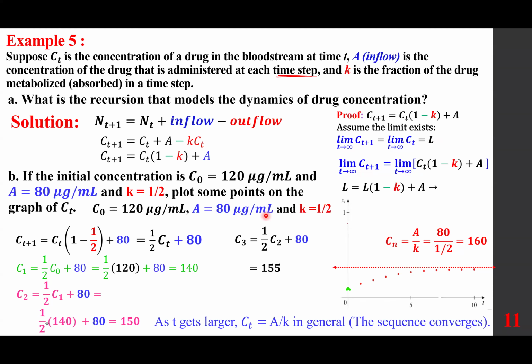And now if we distribute on the right side, we get L minus LK plus A, the L's cancel each other, and we get 0 equals minus LK plus A. And if you solve for L, you get A over K. This is what we discussed here.